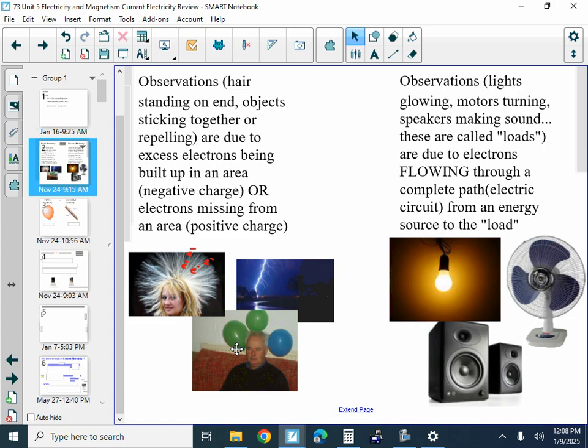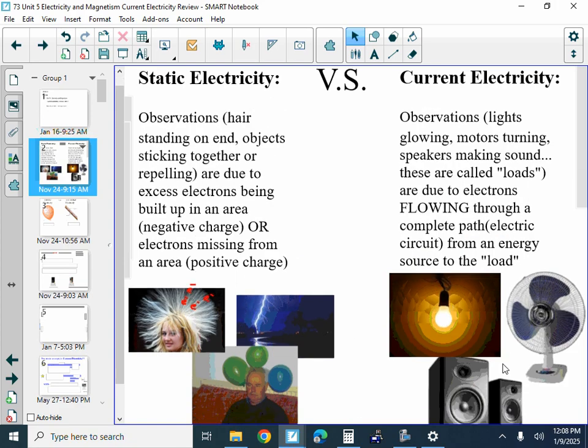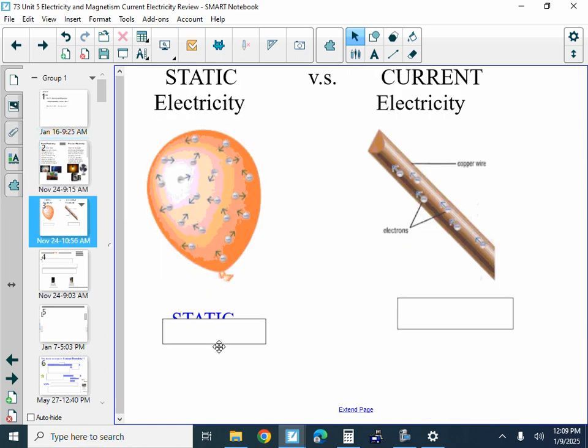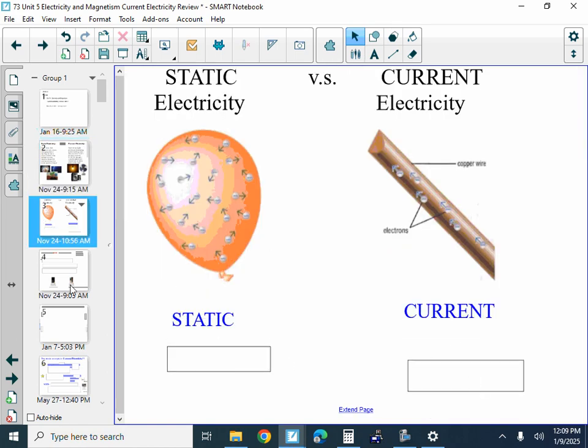So it's called static electricity. Current electricity is when electrons are flowing through a circuit, delivering energy from a source like a battery. So, static versus current electricity.